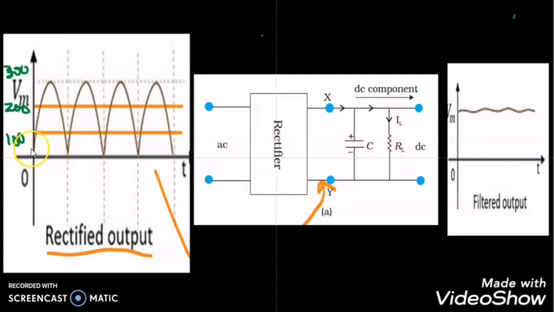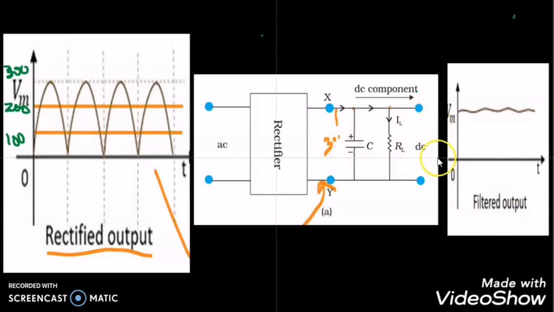Suppose in the first cycle, the voltage increases from 0 volt to 100 to 200 to 300 volt, and the voltage across the load also increases from 0 to 100 to 200 to 300. When the voltage reaches 300, the capacitor gets charged and has a voltage of 300.